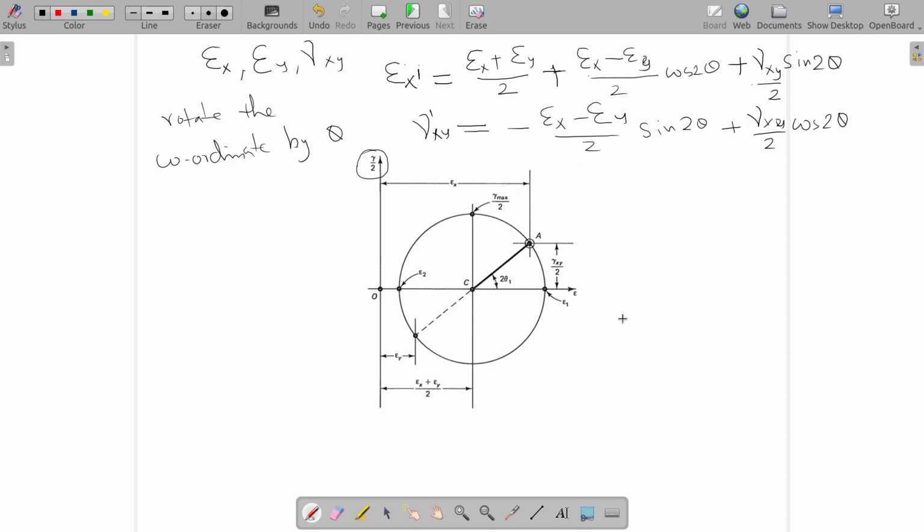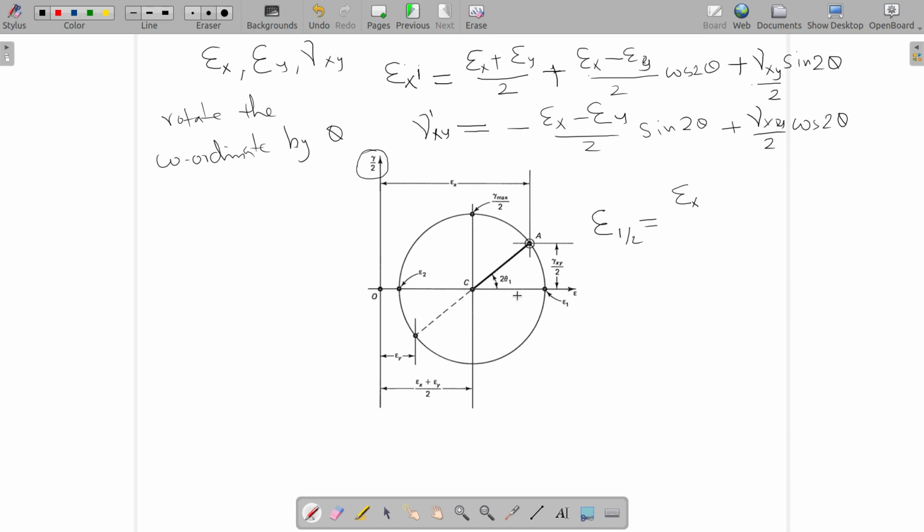And for principal values, the maximum and minimum values, again the very same equation can be used, just like in the case of stress. So maximum value epsilon 1 or 2 will be equal to... remember what I told you about how to remember this equation for principal values?